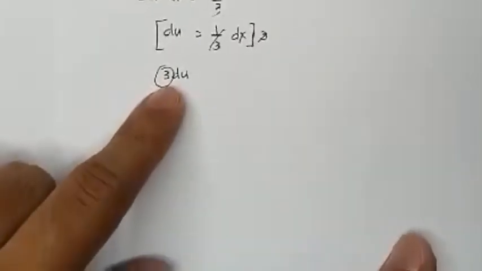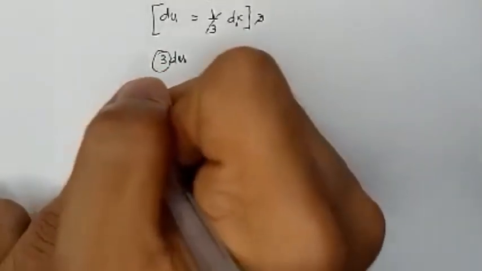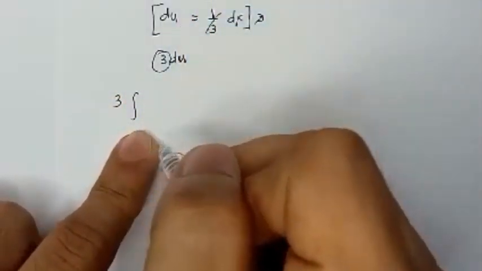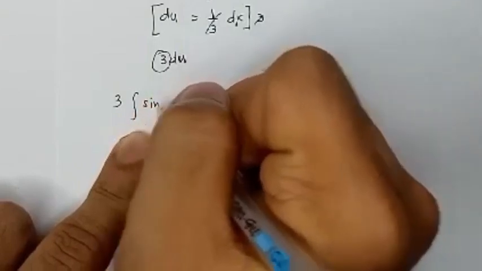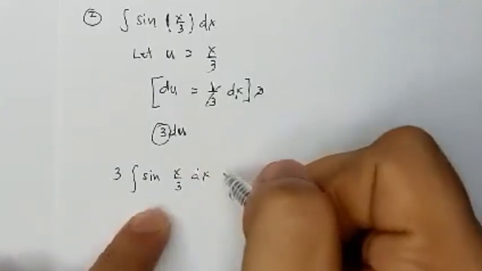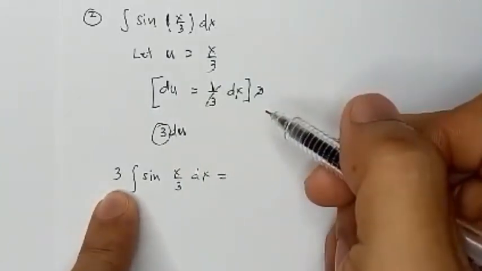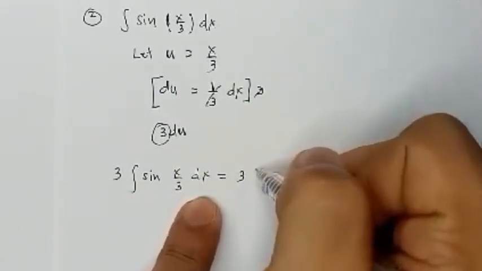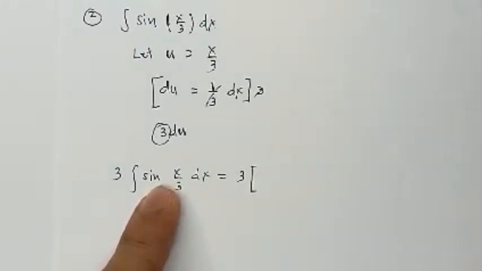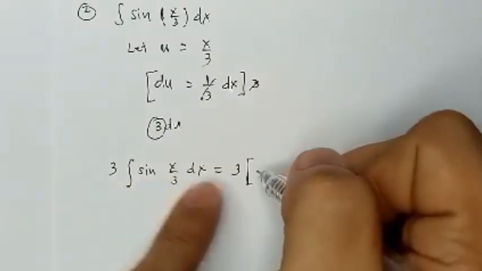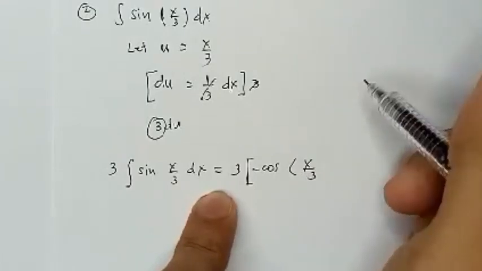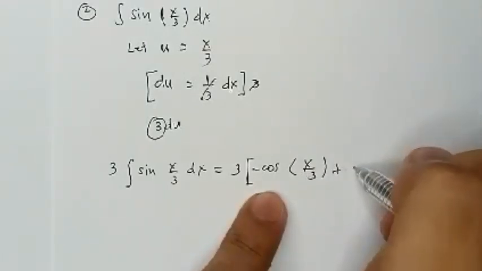So our next step here is 3 times the indefinite integral of sine x over 3 dx equals, as we have already the integrating factor, 3 times the integral of sine, which is negative cosine, so we have x over 3 plus c.